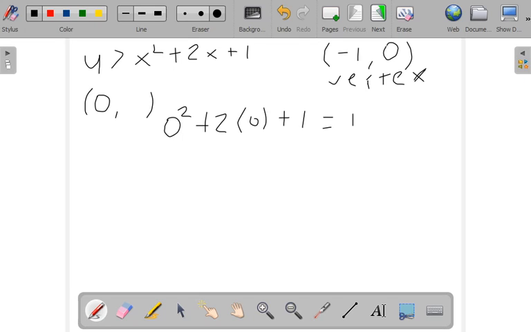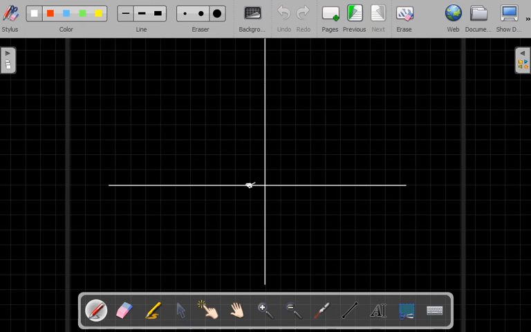So another coordinate on our graph is 0, 1. It's just like we put 0 into the Coke machine and the Coke machine gave us 1 out. So we're going to go back to our graph and plot that. We go over 0 and up 1. Make sure you don't accidentally get your x and y coordinates backwards.